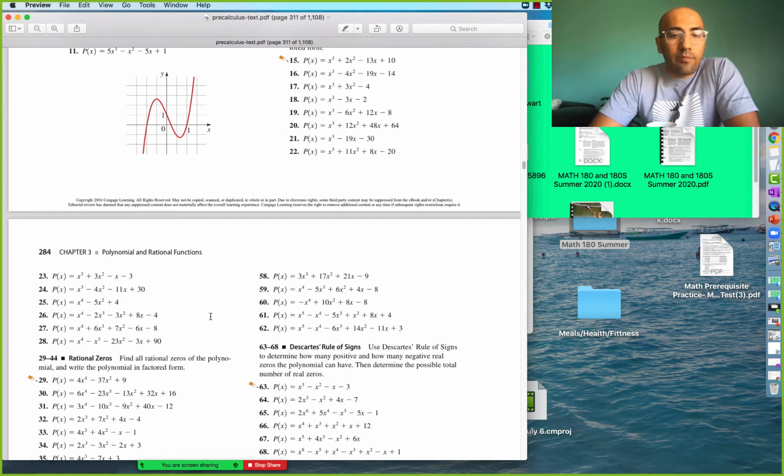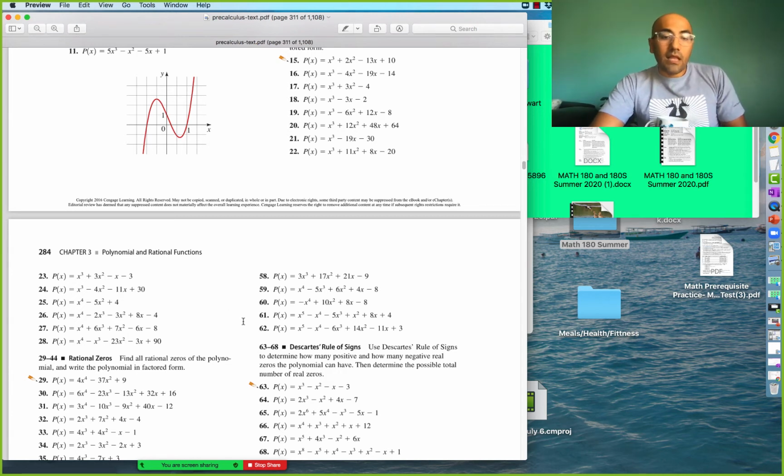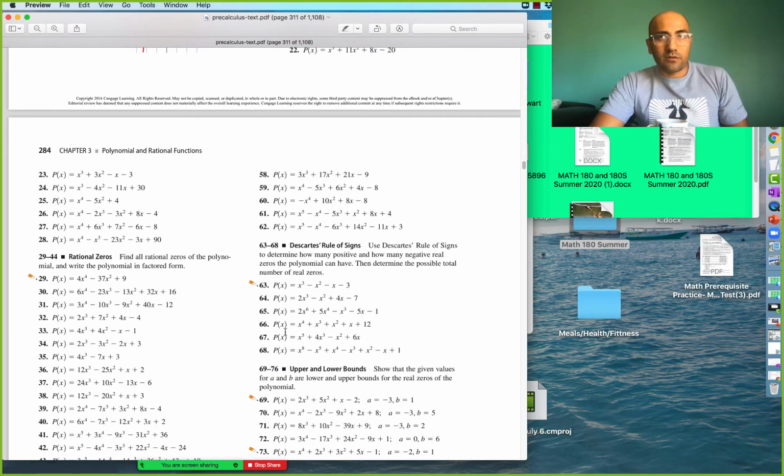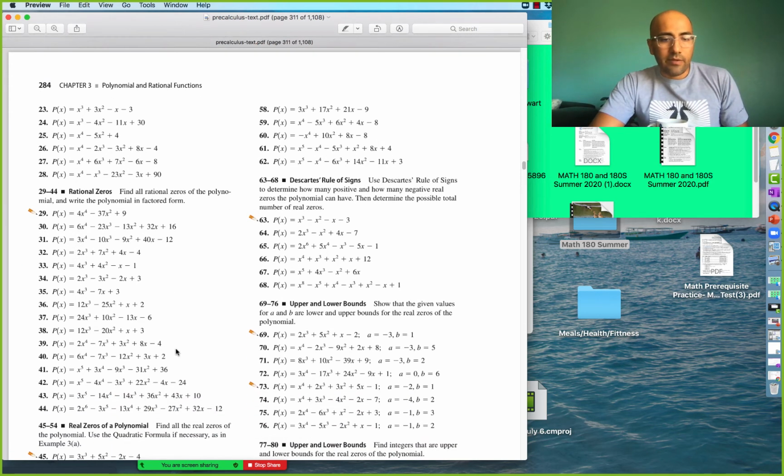The zeros of a polynomial are also the x-intercept points, and then in a lot of word problems, those are important, like figuring out where those zeros are. So it's a nice tool to have in your pocket to be able to factor a polynomial out and be able to find those zeros.